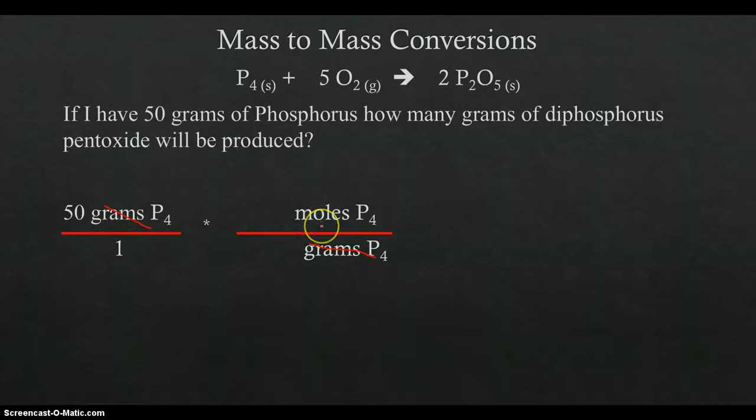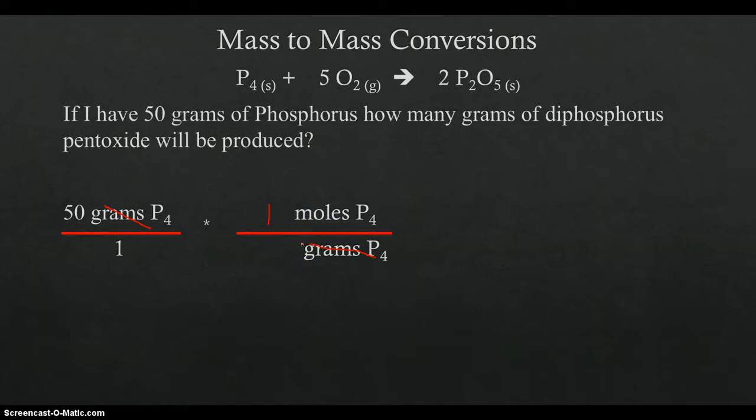Remember, I can't go from grams of phosphorus to moles of diphosphorus pentoxide. There's no direct relationship between the two. So I first have to go to moles of phosphorus. Then I'm going to look at the relationship between moles and grams here. Well, moles is always 1. In 1 mole, how many grams are there?